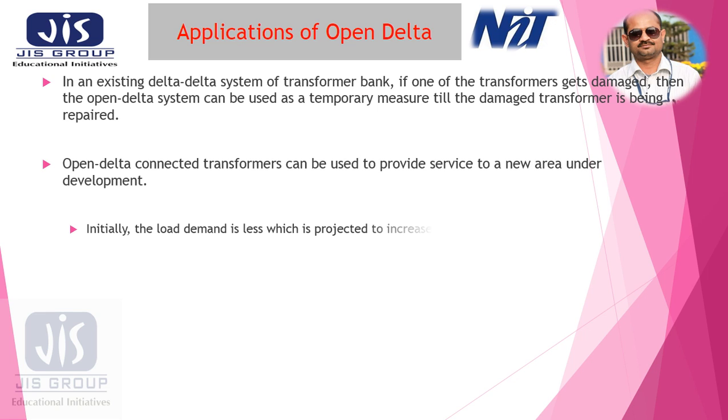And these are a few applications of open delta. It is used for a new area where in future if an increase of load is required, then one transformer is inserted in the open delta connection and it will be able to supply that maximum demand for future load.